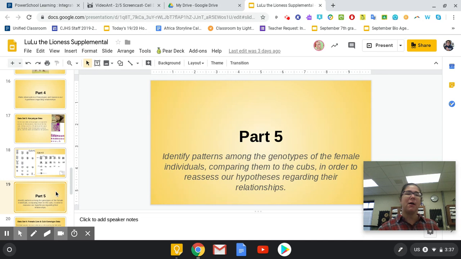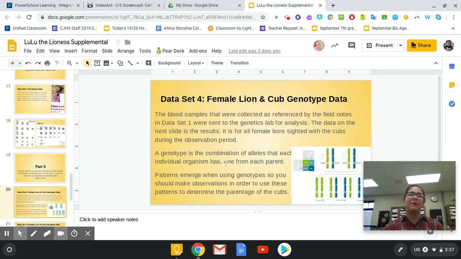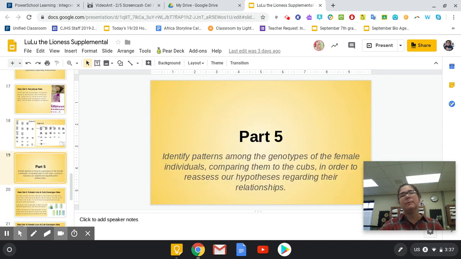If you finish with part 4, you're going to go on to part 5. Part 5 is going to start talking about genotypes. Genotypes have to do with the genes. And basically, it's what variation of that trait is found on that chromosome. For instance, the most simple way to think about this is looking at traits such as whether or not your earlobes are connected.